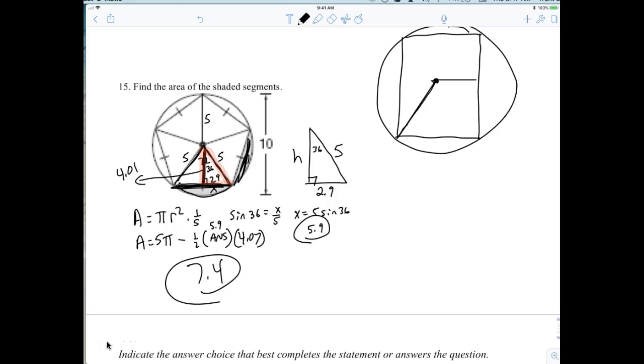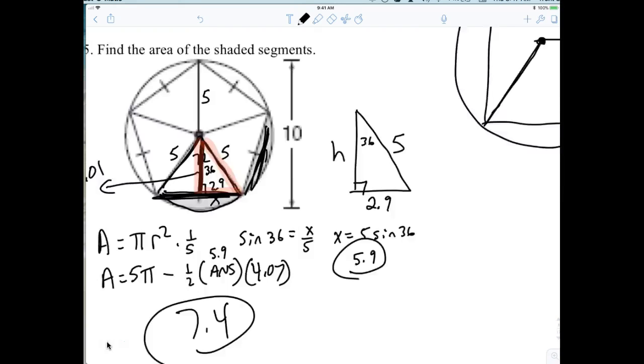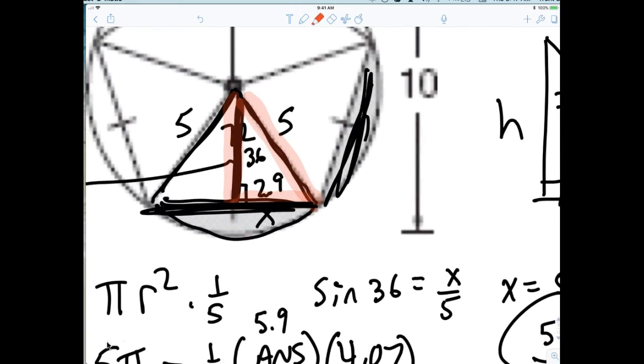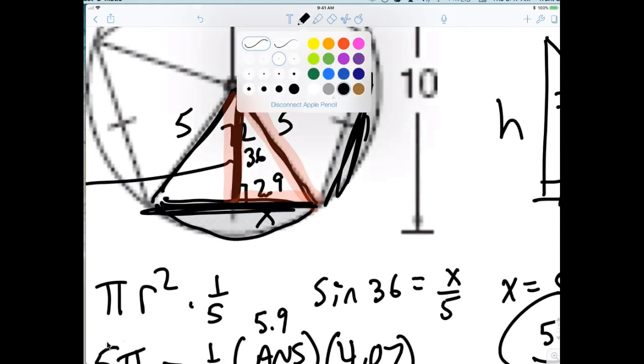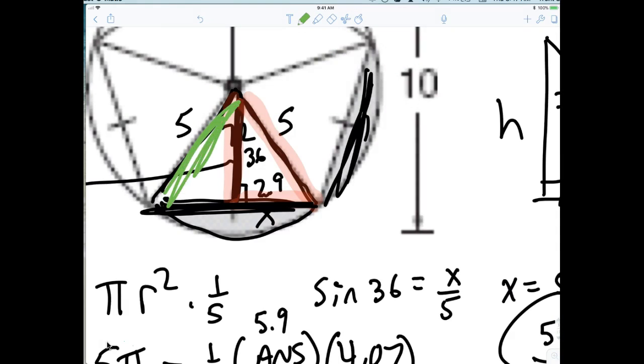So what we did was we found the area of the circle and divided it by 5. The area of the circle was 25 pi divided by 5. Why did you divide? Very good question, because we're looking for this area right here. You agree?